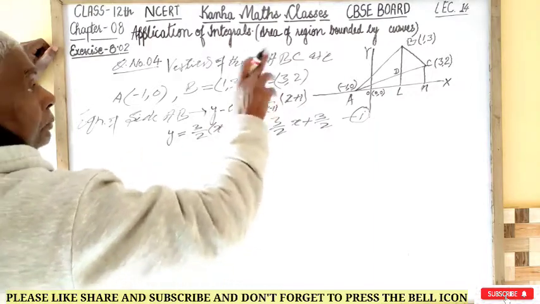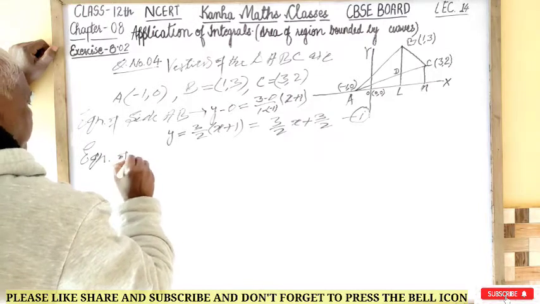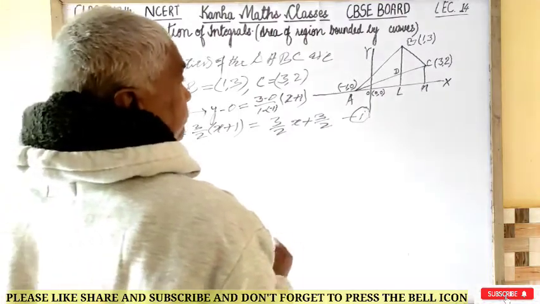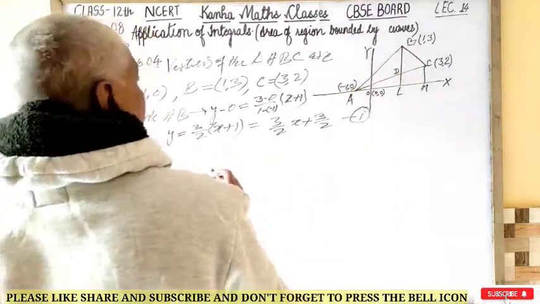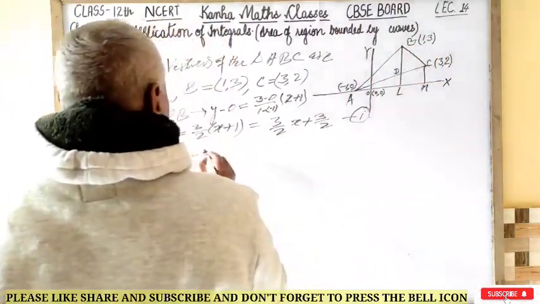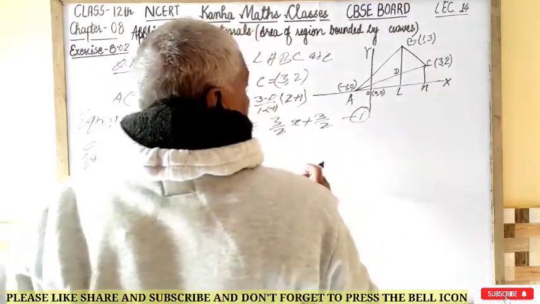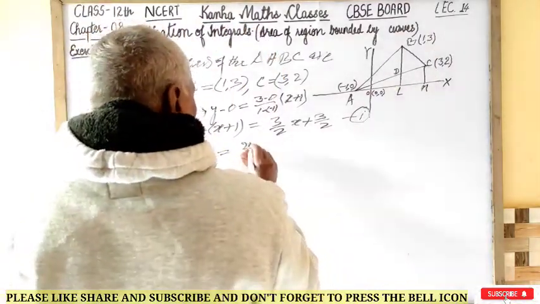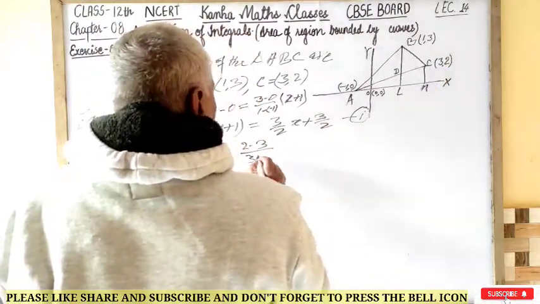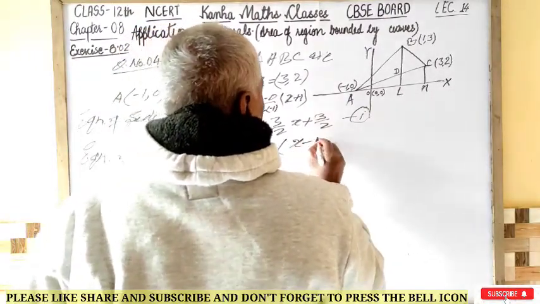And now the equation of BC. Equation of BC by applying the same formula: y minus y1, that is y minus 3, equals y2 minus y1, that is 2 minus 3, upon x2 minus x1, that is 3 minus 1, times (x minus x1).